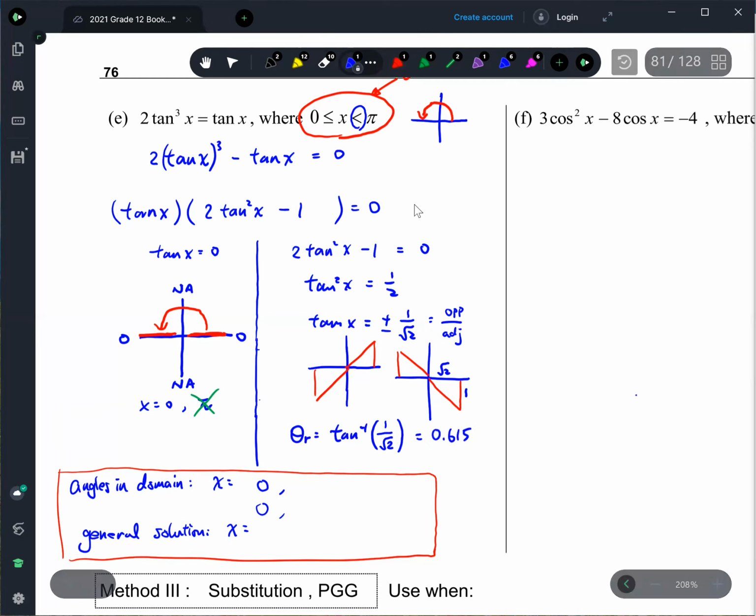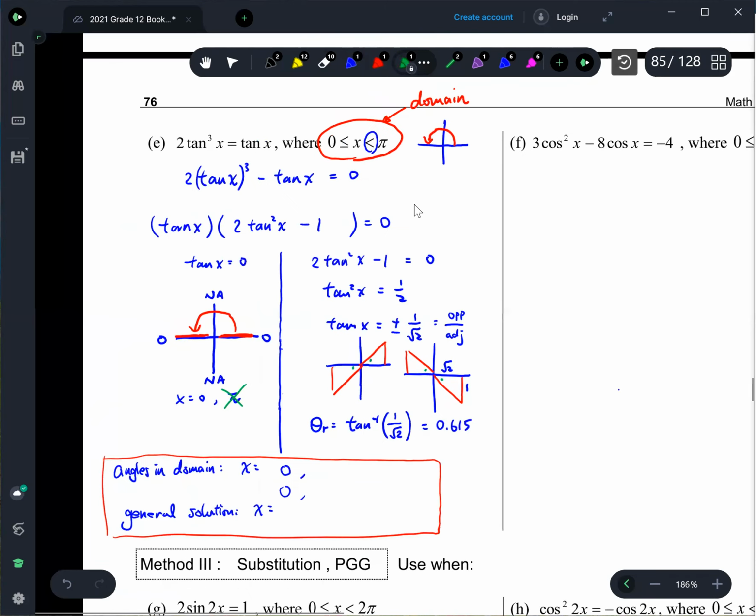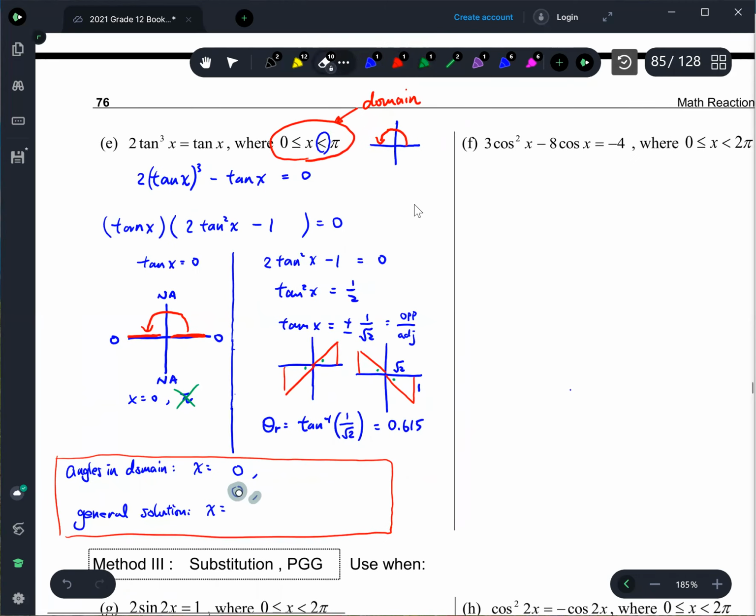Okay, so the reference angle is the one inside the triangle, the green dots. Those are the 0.615. But we are only interested in the ones that fit in the domain, 0 to pi. So the first one is in quadrant 1, the second one is in quadrant 2.